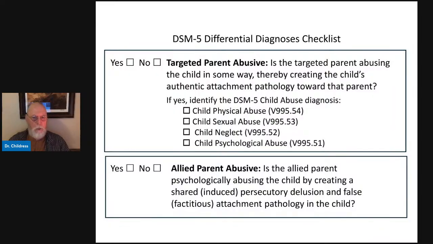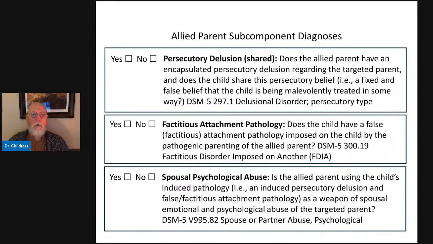Now, additionally, you can break it down even further and say, does the allied parent, your ex, have an encapsulated persecutory delusion regarding the targeted parent, you? And does the child share this persecutory belief, a fixed and false belief that the child is being malevolently treated in some way? There's a DSM-5 diagnosis.